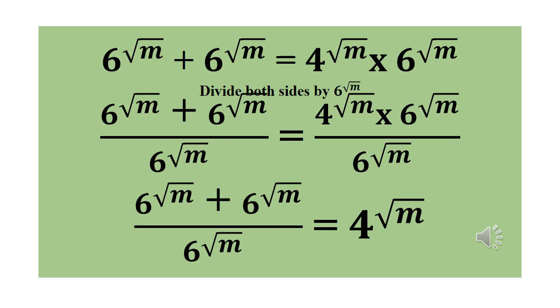Now at the left side we still have everything intact. On the right side, 6 raised to power square root of m cancels out 6 raised to power square root of m, leaving 4 raised to power square root of m.